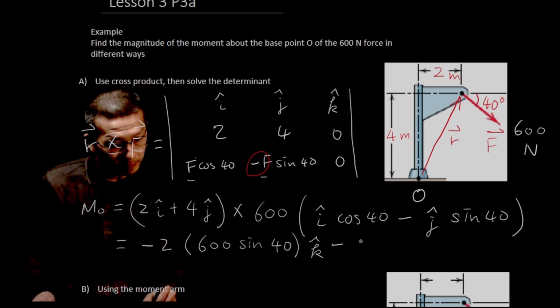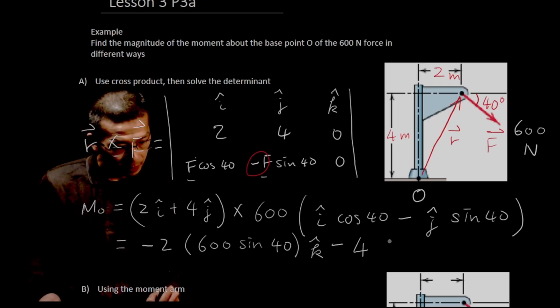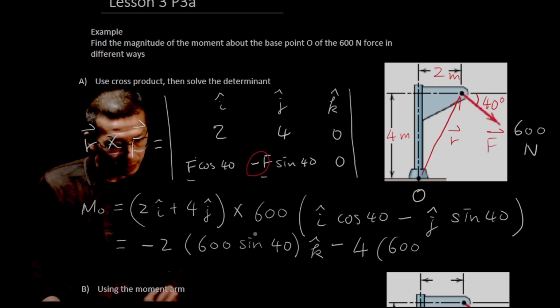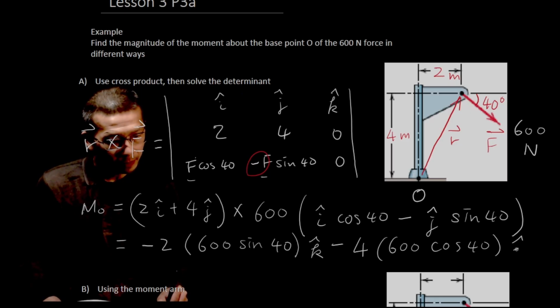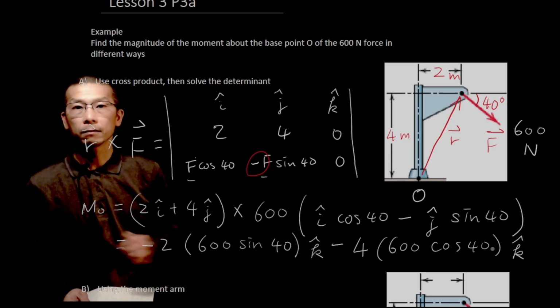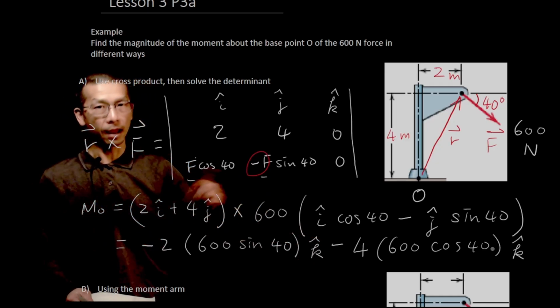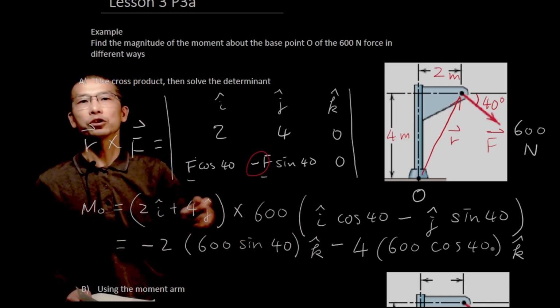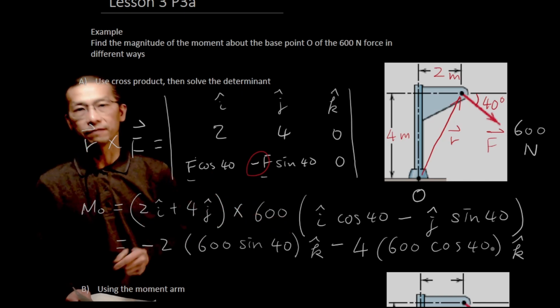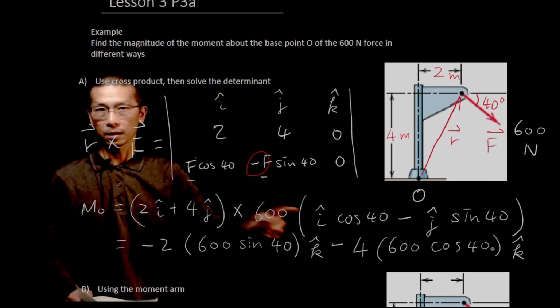Minus 4, now it's the J cross I, 600 cosine 40, and that's the K term. And this negative is because of J cross I: I cross J is positive K, but J cross I is negative K.